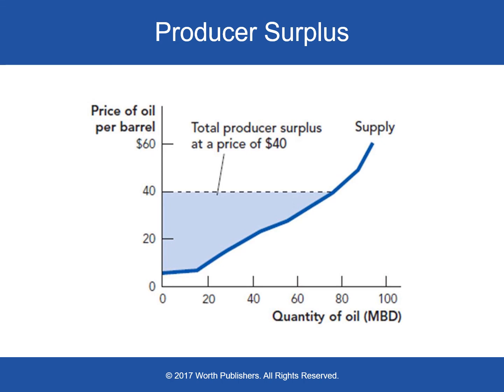Start on the far left on the quantity axis. For the first producer, who is the lowest cost producer, to produce a barrel of oil, they don't need a very high price. They can produce a barrel of oil at a relatively low cost, like $5 a barrel, and break even. Now, let's suppose the market price is 40.